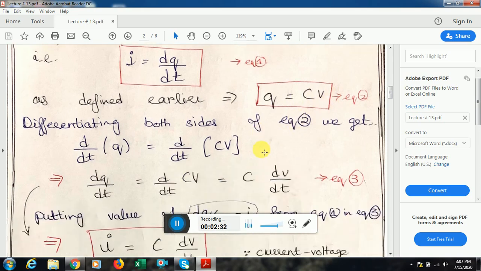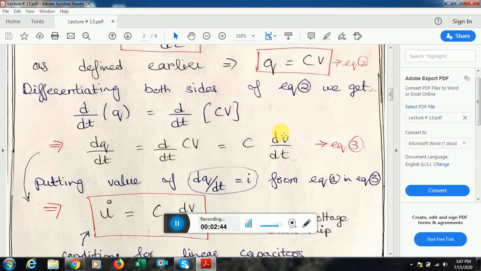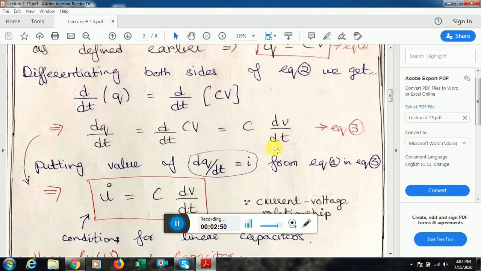So if I differentiate both sides of this equation, dq by dt is d by dt of CV. C is a constant, capacitance is a constant value, so the derivative won't apply on it, and it comes out, and dV by dt remains in the equation.